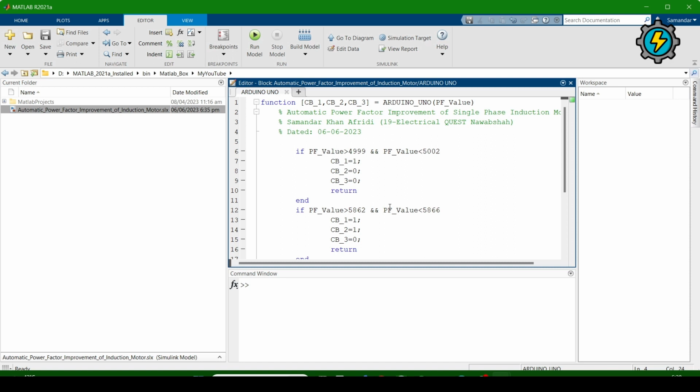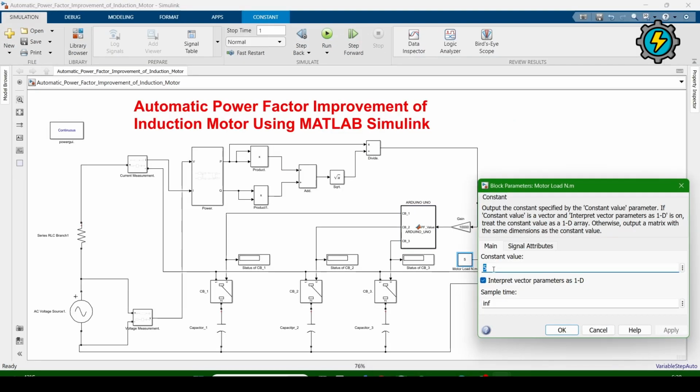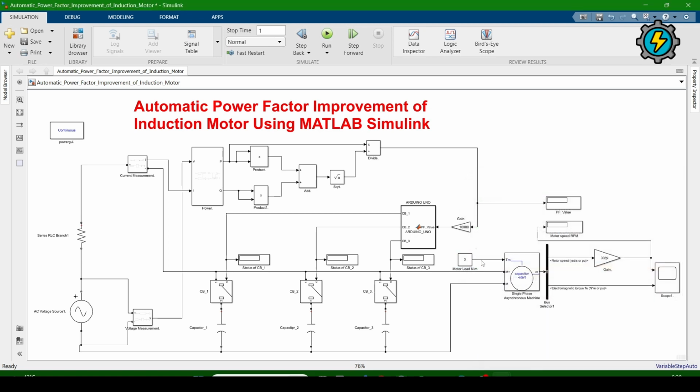The loads I am using here are 3 Newton meter, 4 Newton meter, and 5 Newton meter, and I will get the results on only these three values.